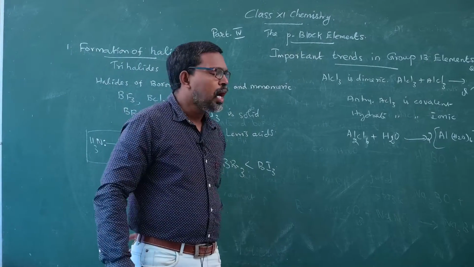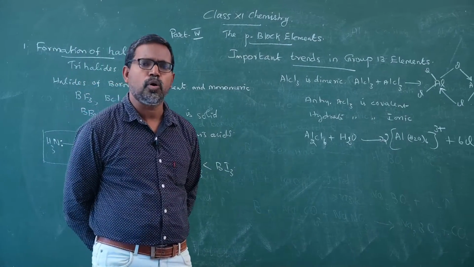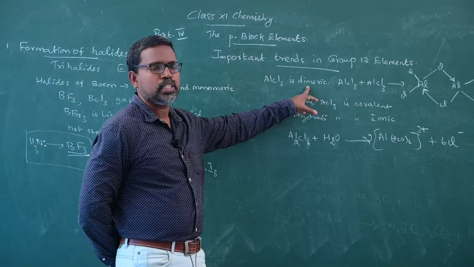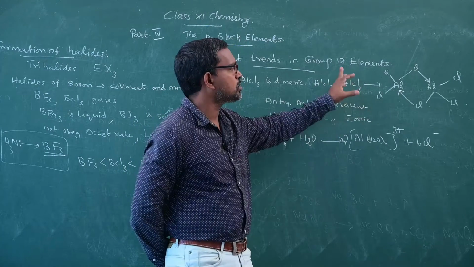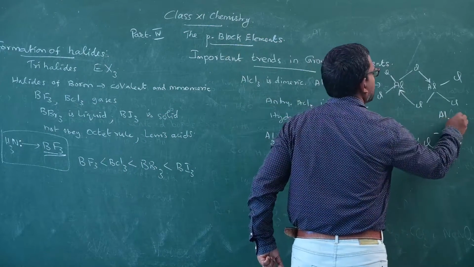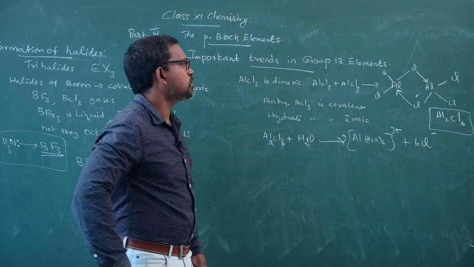Aluminium halide compounds, especially aluminium chloride, exist as dimers. Two aluminium trichloride molecules combine together and exist in the form of Al2Cl6, the dimeric form of aluminium trichloride.